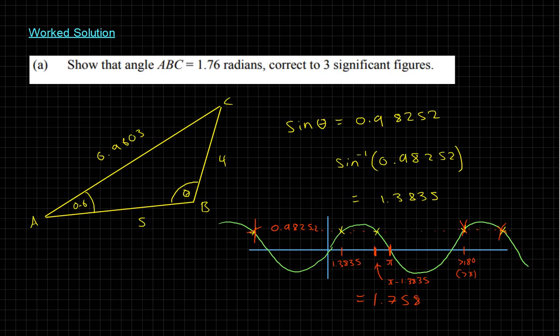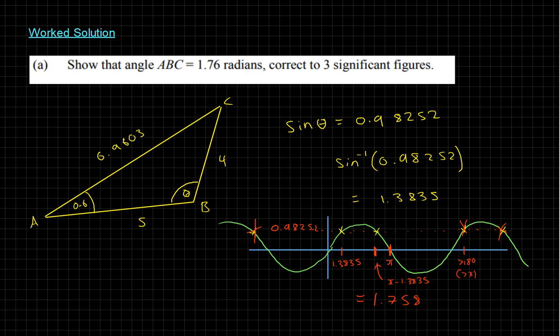Well, think about this. This angle is quite clearly more than 90 degrees. I'm switching between degrees and radians a little bit here, which is fine. But let's put that in terms of what it means for radians. So what is 90 degrees in radians? It'll be pi over 2, right? 2 pi divided by 4. Pi over 2. So if I do pi over 2 on the calculator, that gives me 1.57.